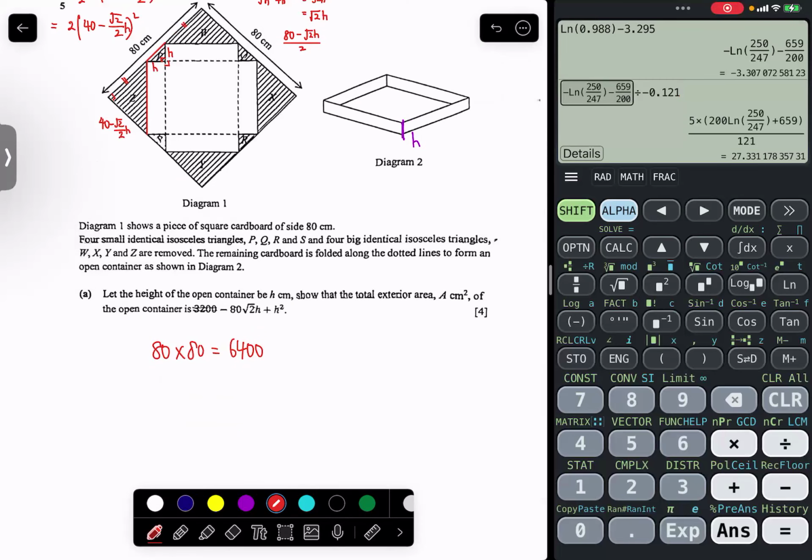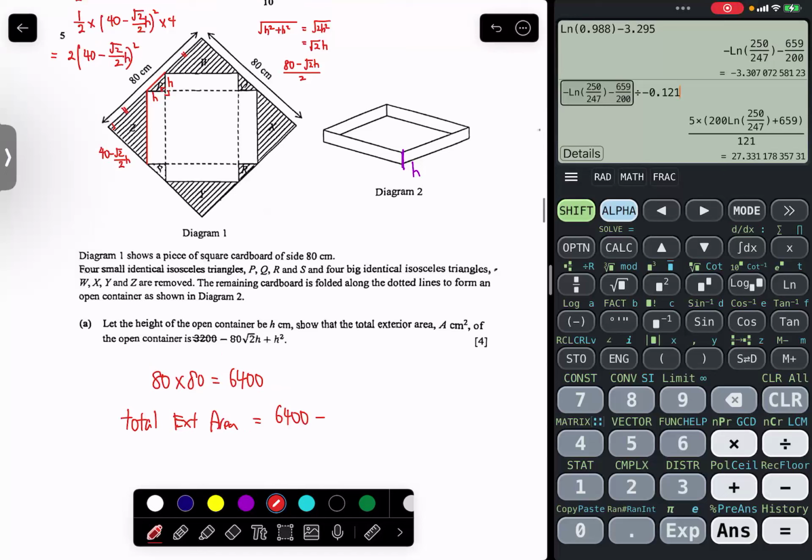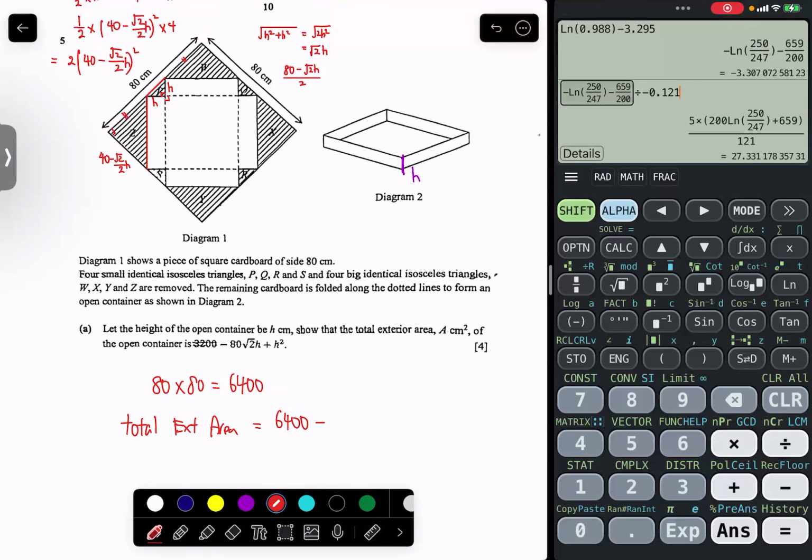Let me think, am I doing anything wrong? 1, 2, 3, 4. Right, should be fine, right? So the total exterior area will be 6,400 minus, okay, why is it 3,200 though?